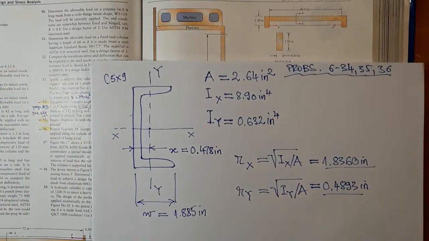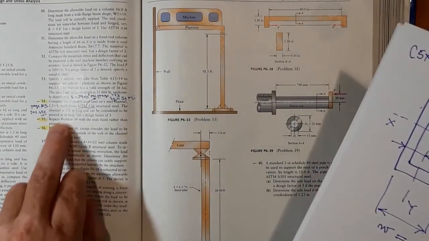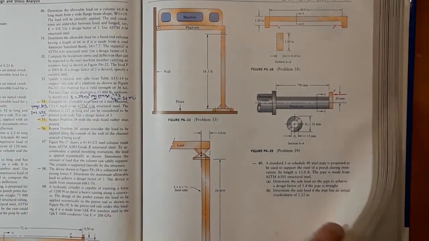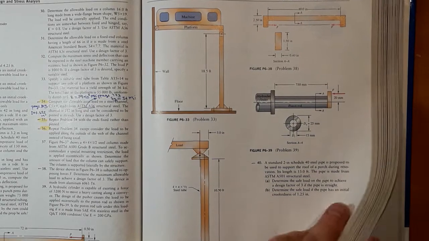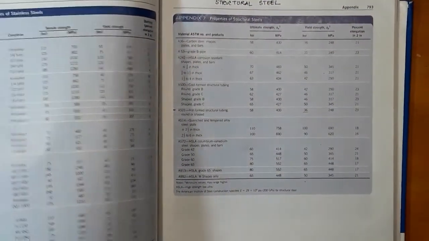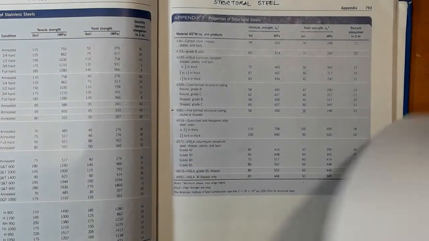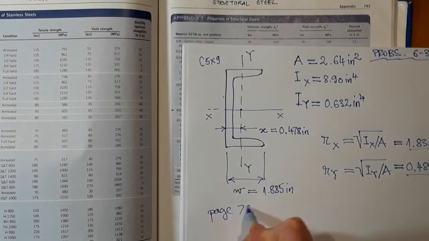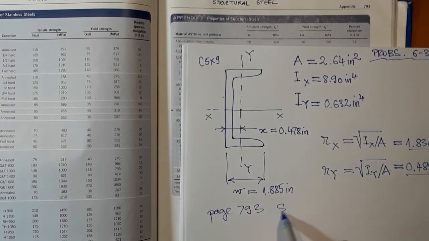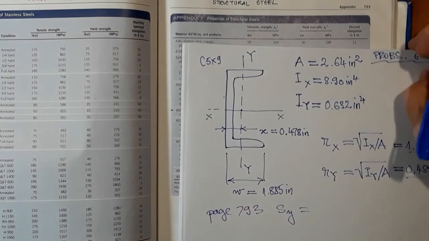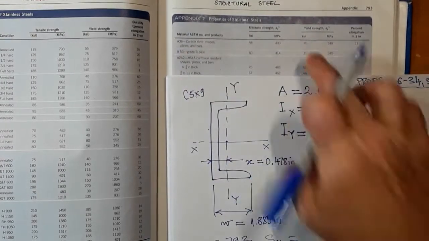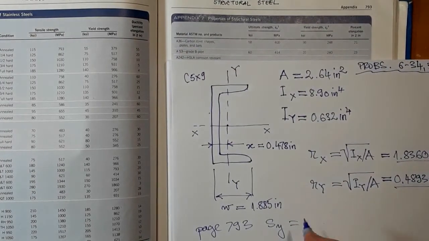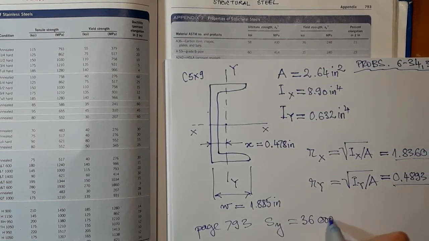Okay. In addition, we need material properties. So we have Young's modulus, and also, we need to extract them. Structural steel, page 793. We have Sy, it's 36 ksi, like in the name of the steel, A36, 1000 psi.